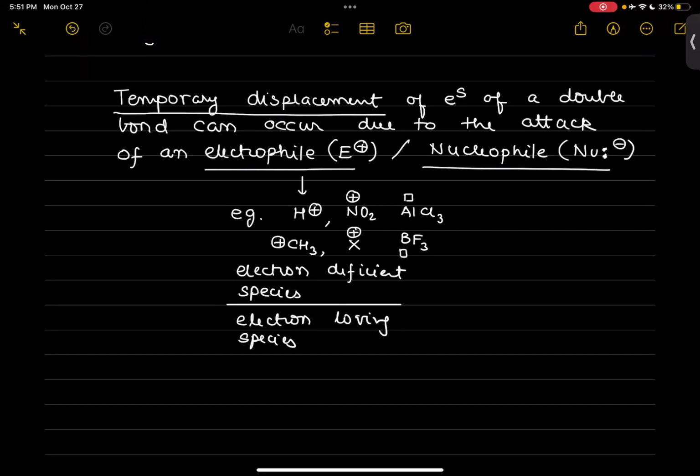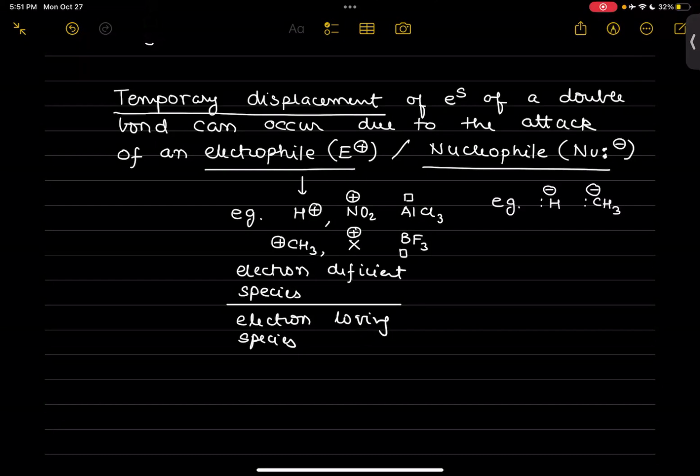Nucleophiles are nucleus loving species. Nucleophiles carry lone pairs, and they can share their electrons, like H minus, CH3 minus. So CH3 plus and CH3 minus, you can see.